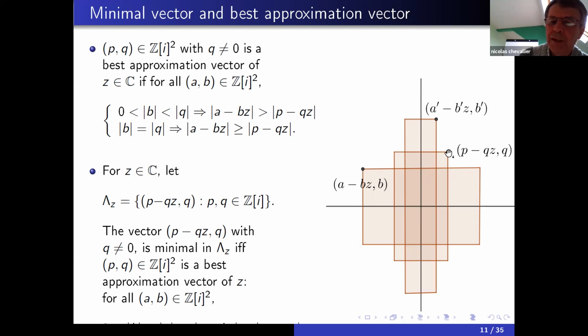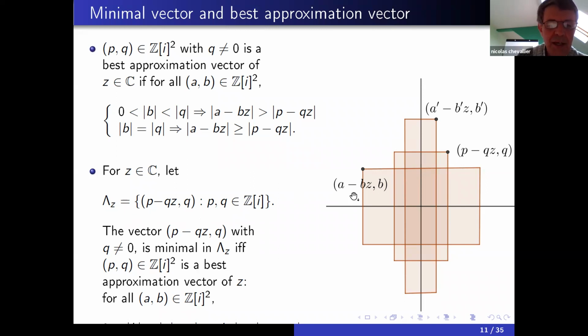You have a vector here, P minus Qz, Q, and if you suppose that this vector is minimal, this means that the cylinder defined by this vector, on the picture, this is just this rectangle, must not contain some vector of lambda z.